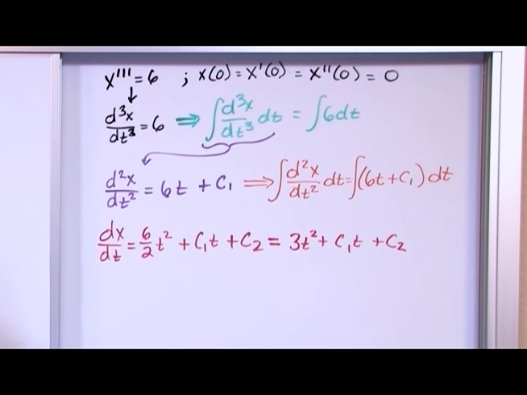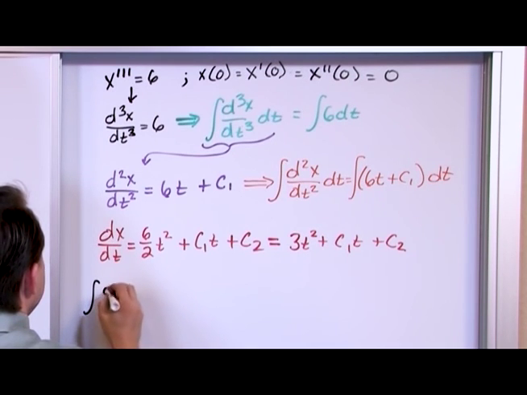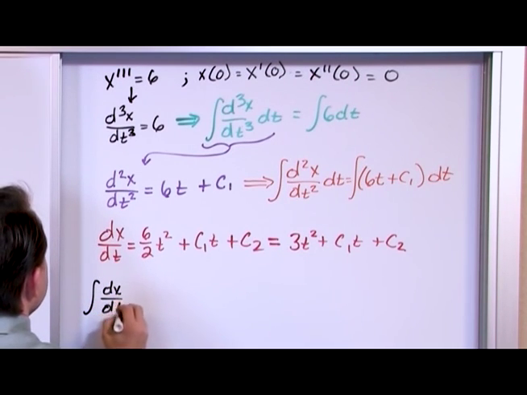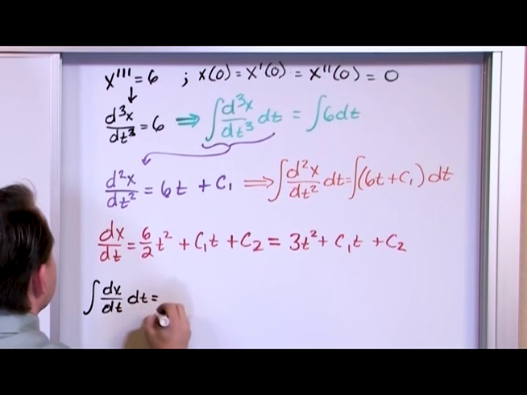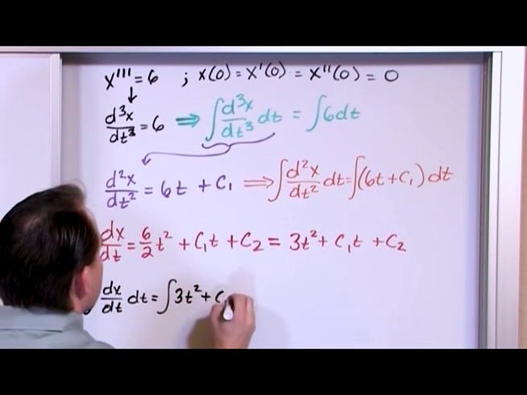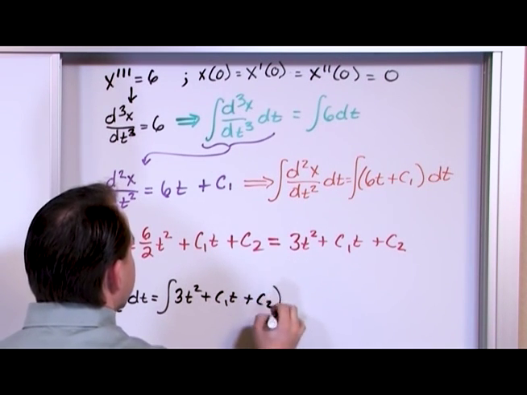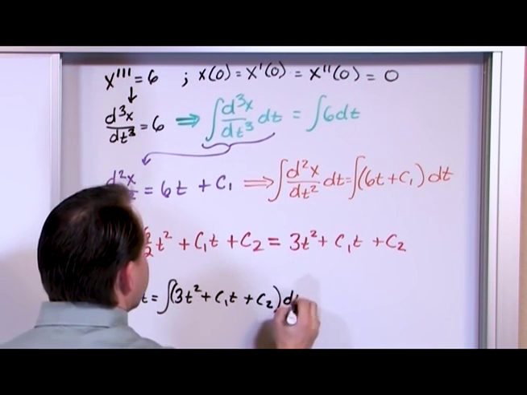So we obviously need to integrate it again, so let's do that. We'll have the integral of dx dt with respect to time is equal to the integral of this stuff, 3t squared plus c1t plus c2, integrated with respect to time.